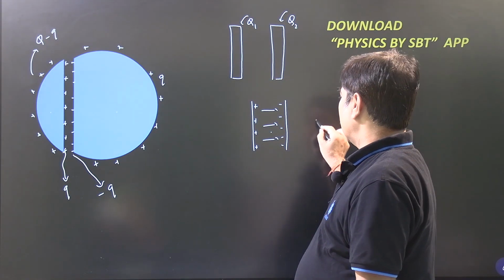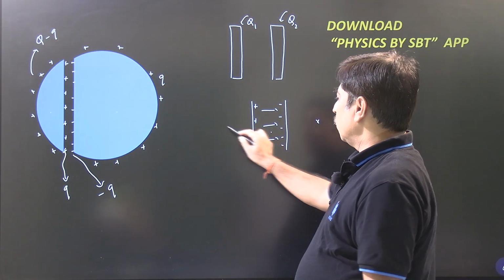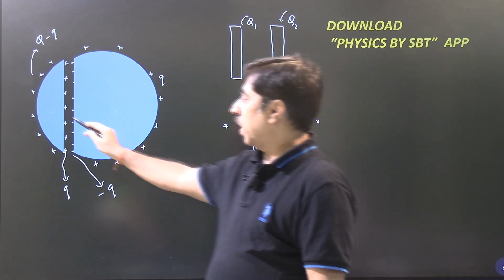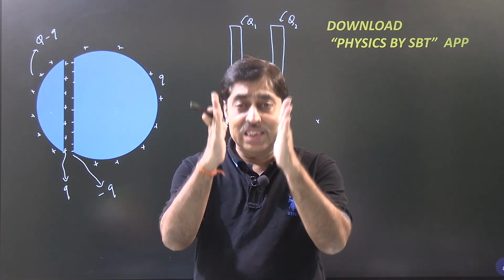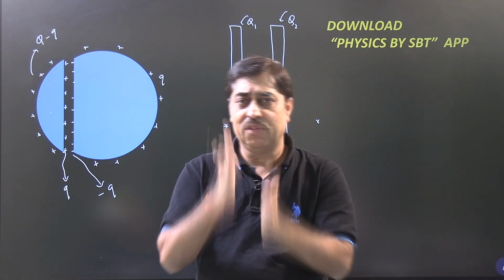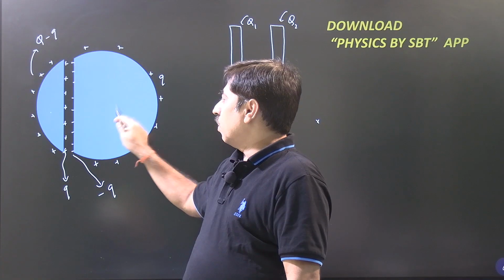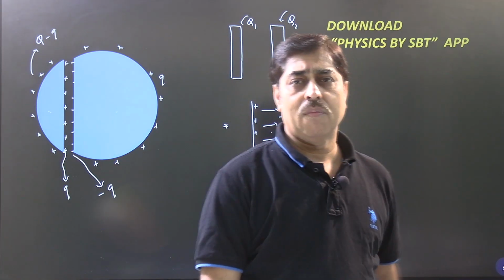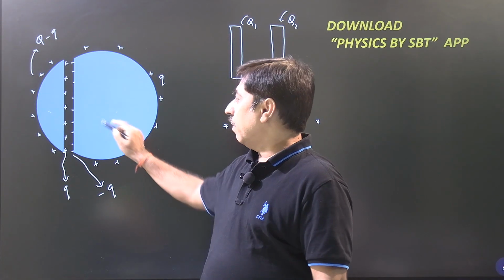These two charges cannot have a resultant field here, it is very easy to see. Similarly, these two charges cannot have any field over here. So these are two parallel faces having charge plus q and minus q. Together, they cannot produce any field here or any field here. That is one thing. But because it is metal, the electric field here has to be 0.